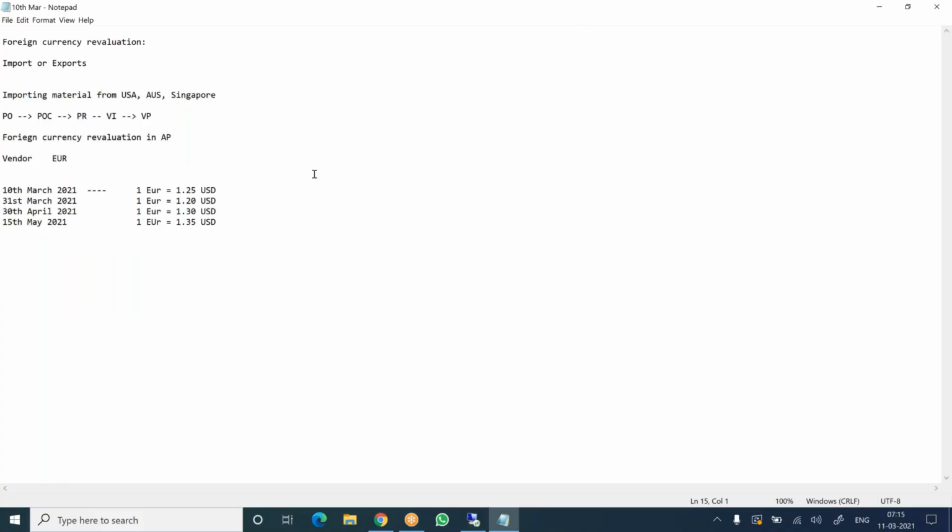I would like to show you the differences between accounting currency, reporting currency and transaction currency. So let me take this as INR.